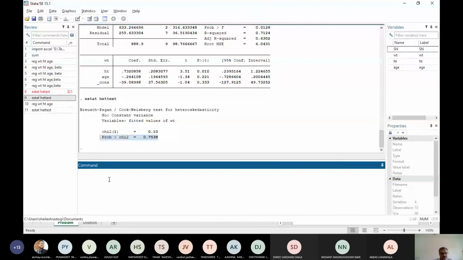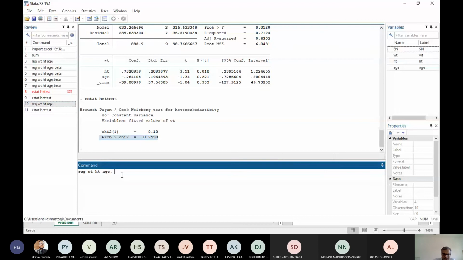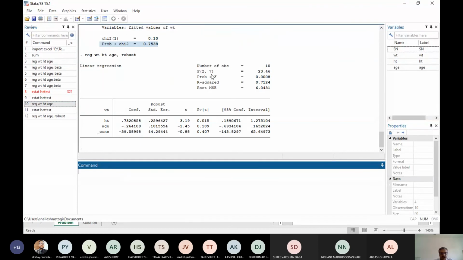There is a method: when you are running this regression, you can add a comma and then robust, just run the robust option. When we go for robust, the problem of heteroscedasticity and autocorrelation both are taken care of at one go, and the performance of the model is improved, keeping in mind that the model is suffering from a heteroscedasticity problem.